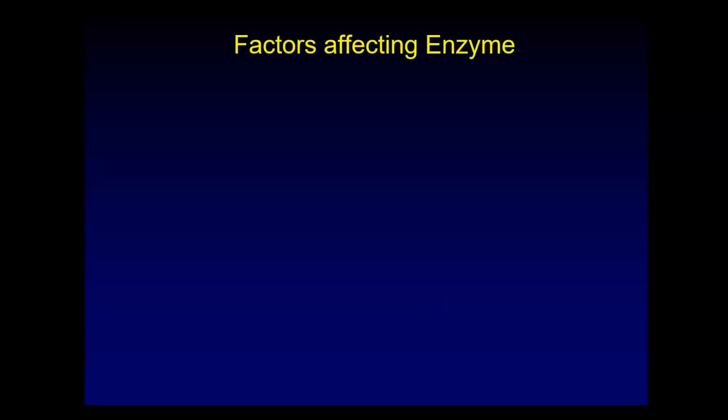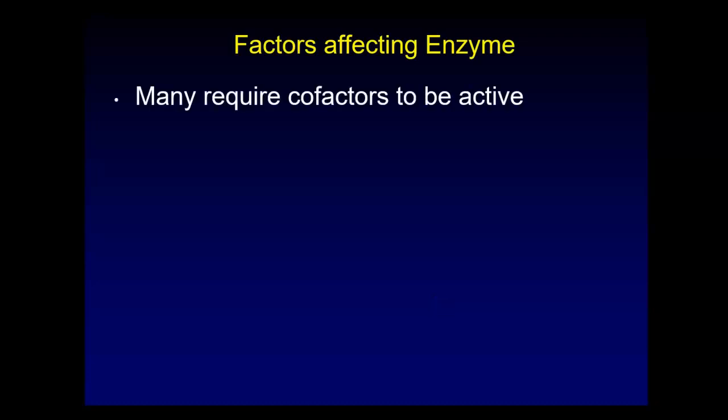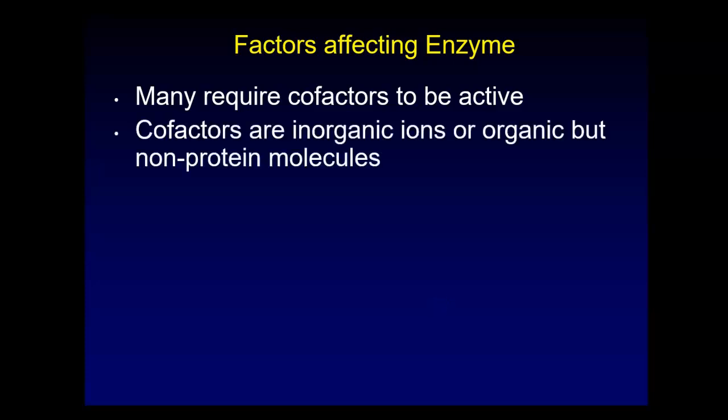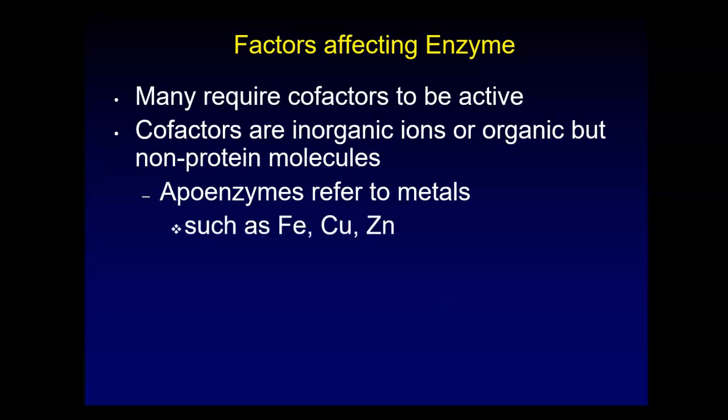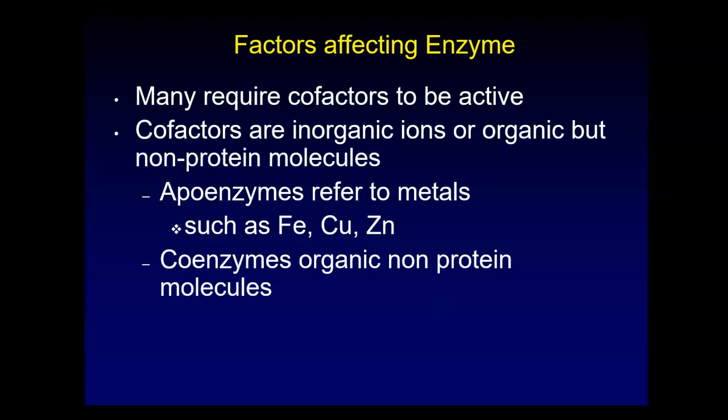Okay, let's move on. More factors affecting enzymes: many enzymes require cofactors to be present, whether it's an ion or a coenzyme, a non-protein molecule. We can have inorganic ions, which refer to metals such as iron, copper, zinc, or we could also have coenzymes, which are non-protein molecules.